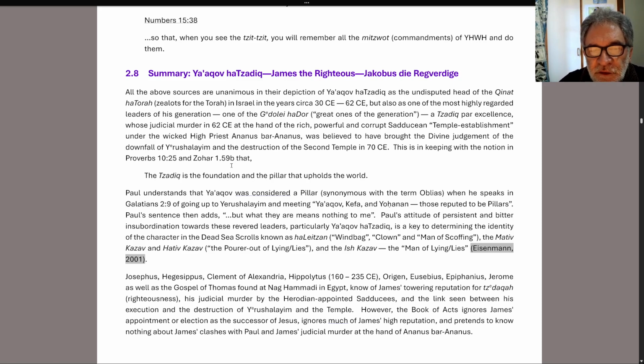Okay, all the above sources are unanimous in their depiction of Yaakov Tzaddik as the undisputed head of a Kenat HaTorah, a certain grouping within the Torah, the Zealot movement, in Israel in the years 30 CE to 62 CE, but also as one of the most highly regarded leaders of his generation, one of the Gedolei Hador, great ones of a generation, a tzaddik par excellence, whose judicial murder in 62 CE at the hands of a rich, powerful and corrupt Sadducean temple establishment under the wicked high priest Ananus bar Hananas was believed to have brought the divine judgment of the downfall of Jerusalem and the destruction of the Second Temple in 70 CE.